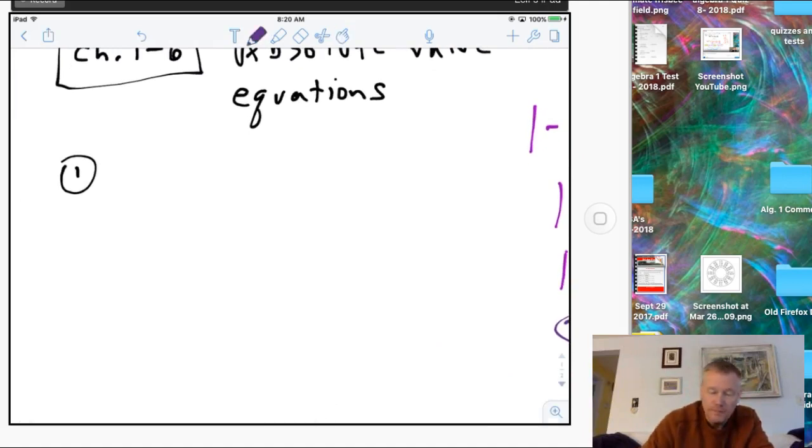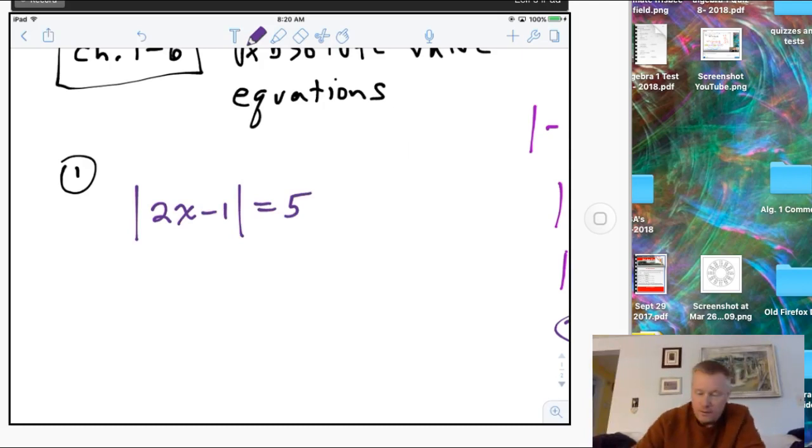All right, so with that said, going back over here, the first one I got is the absolute value of 2x minus 1 equals 5. There's the idea of whatever's inside that absolute value sign is going to be one of two things. It's either 5 or -5. So, we're going to break this up into case 1 and case 2.